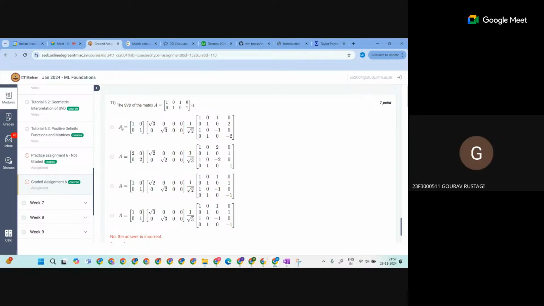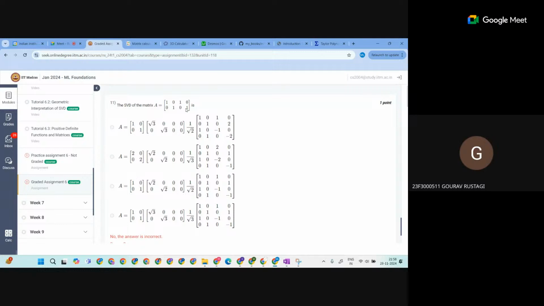Sir, what are you telling? Equal to the left side means the 2 by 4 matrix? Yeah, once you do the multiplication, you should get this one. If not, then you are doing it wrong. That is the way you can verify. So we don't have to compute the SVD fully for this kind of question.